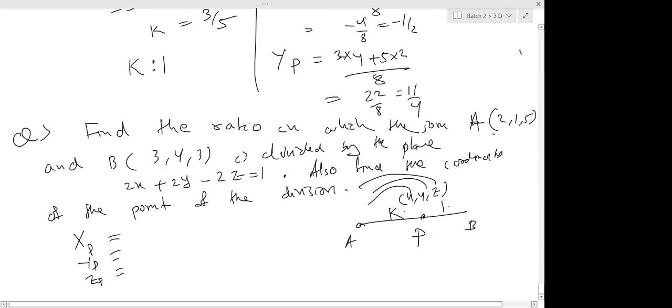Now this point is in the plane 2x + 2y - 2z = 1. That means these coordinates will satisfy this equation. So put the values of x, y and z in this equation. You will find the value of k. I'll give you some time. Try to solve this.